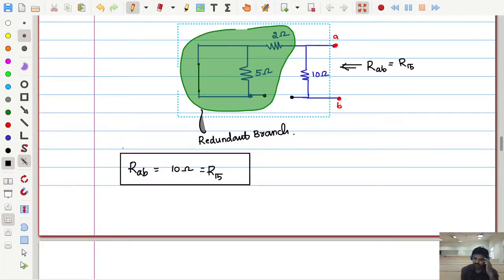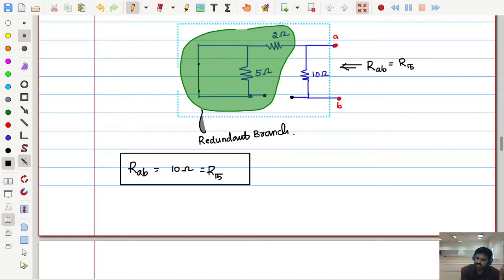Clear? If you want it more precisely, you can apply the equivalent circuit principle. 0 in parallel with 5 is 0, and that 0 in series with 2 is 2, and that 2 is in series with infinite, meaning the open circuit resistance is infinite, right? So 2 plus infinite is infinite.